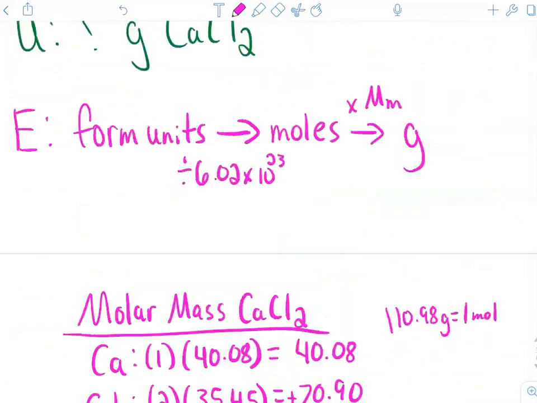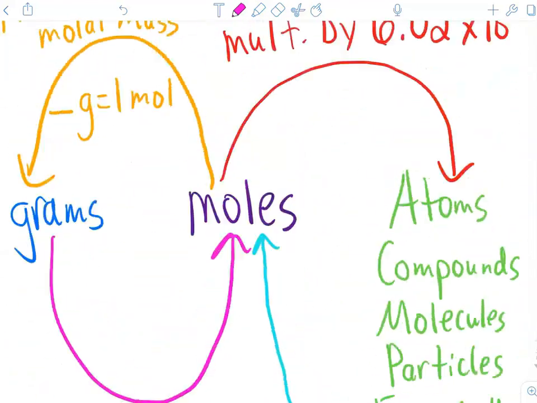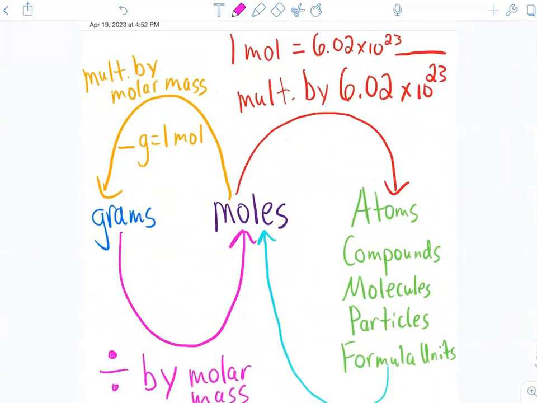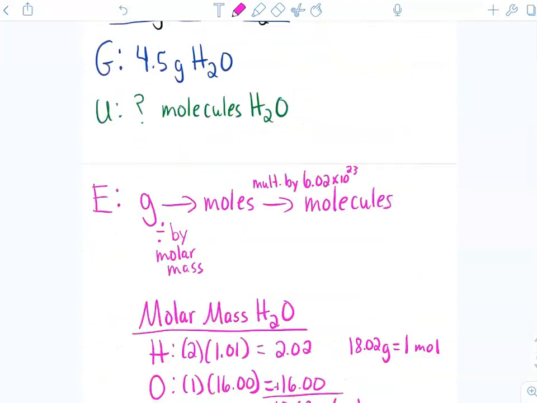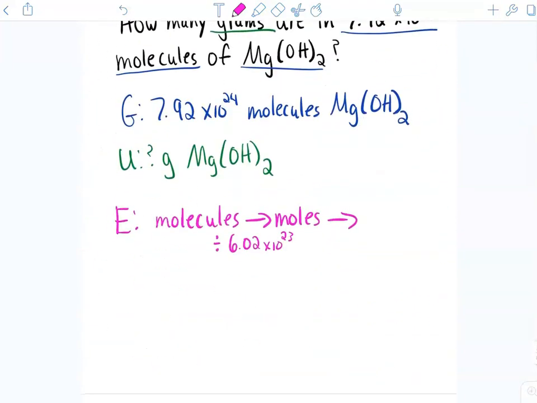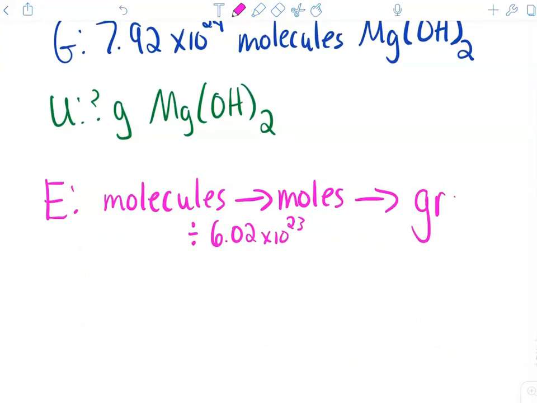Okay, and then from moles, we can get to grams. And the way that we do that, if I start with moles and I follow my arrow, is going to be to multiply by molar mass. So grams, and then multiply by molar mass.